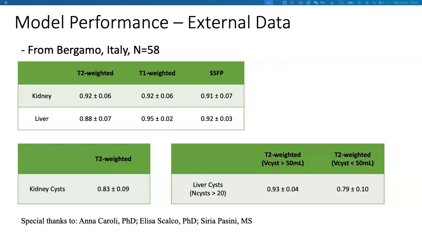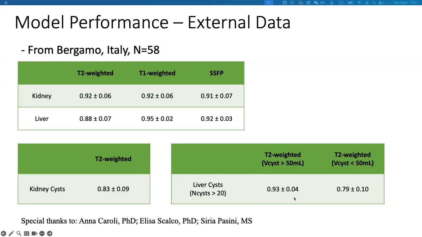Validation was also performed on external data from Bergamo, Italy. The results are also promising for kidney and liver, with a DICE score of 0.88 to 0.95, and 0.83 for the kidney cysts.